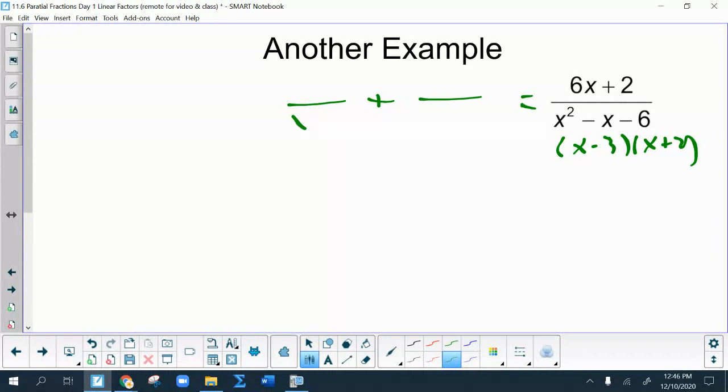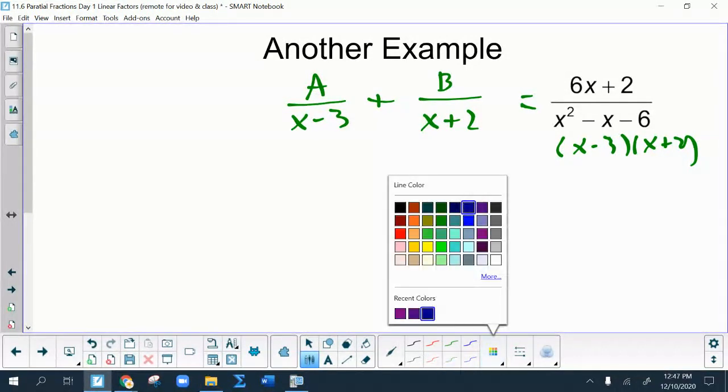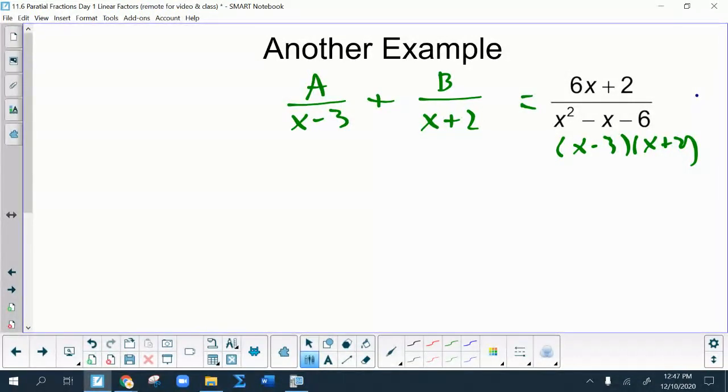So then I get an x minus 3 here and an x plus 2 here, and then I pick some variables for my numerator, like a and b. And then I multiply the whole entire thing by the denominator so I can clear the fraction out. So when I do that, a gets multiplied by x plus 2, b gets multiplied by x minus 3, and the whole thing is equal to 6x plus 2.